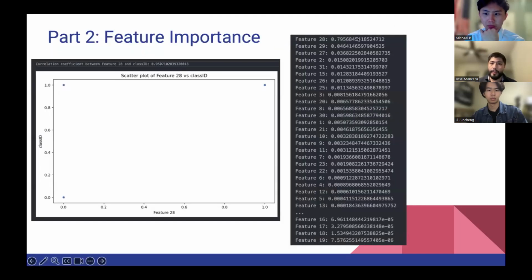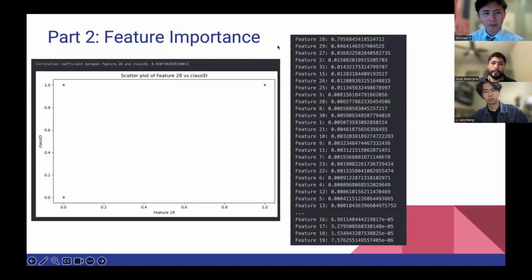With that, feature 28 stuck out with a 79% importance score, which was really high compared to all the others, because the second one was only about 4%. So initially the goal was to test it first with the feature, which is what we did, and then without it, but we didn't actually get to that point.